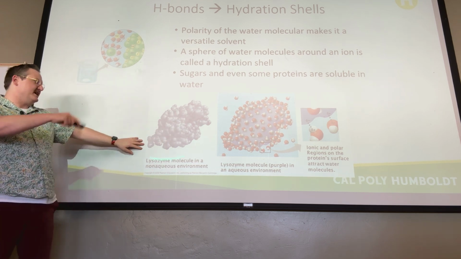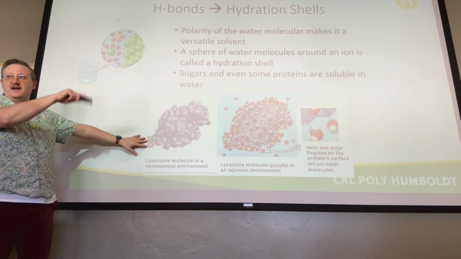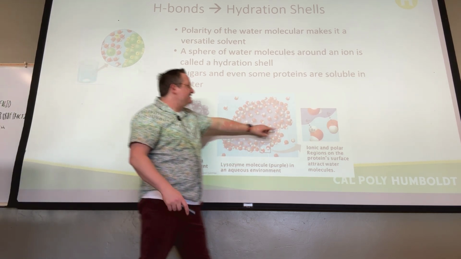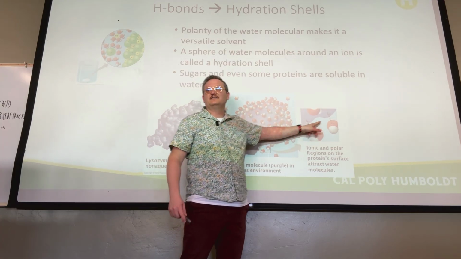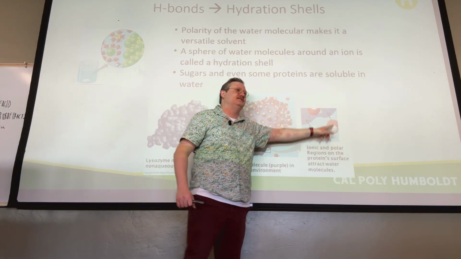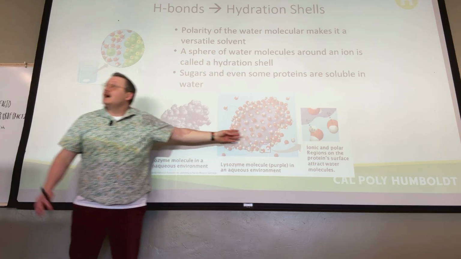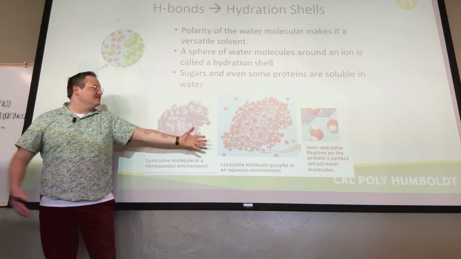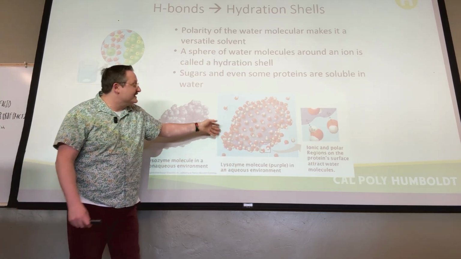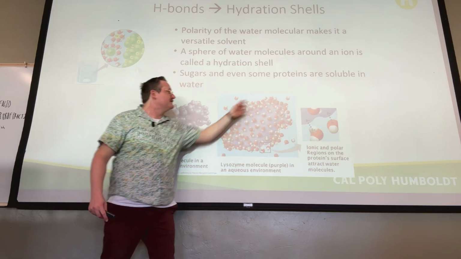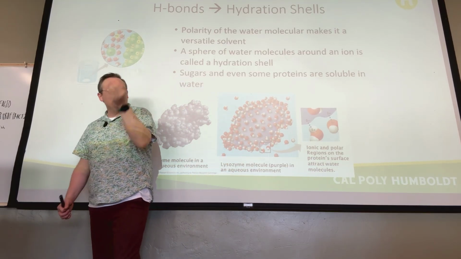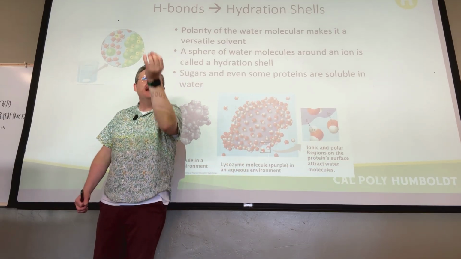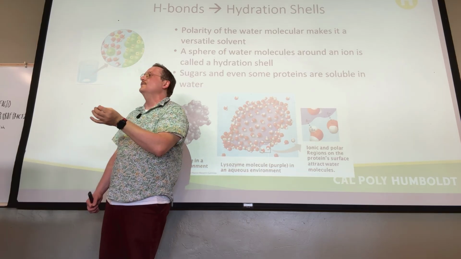So we look at this big blob of protein right here. It's got some regions that have partially negative charges and some regions that have partially positive charges on its surface. We'll talk about why when we get to biological macromolecules. But that means that water can interact with the surface of this protein, and so a little protein can float up and be soluble in water.